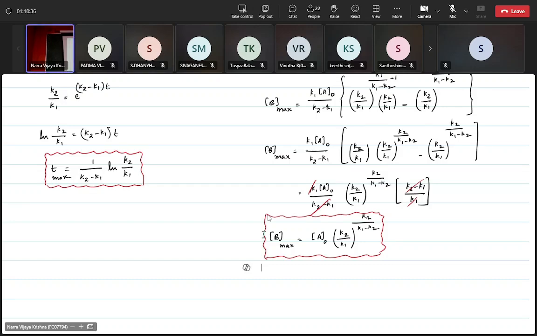Page number 58. Additional information. What is it? Consecutive first order reaction.